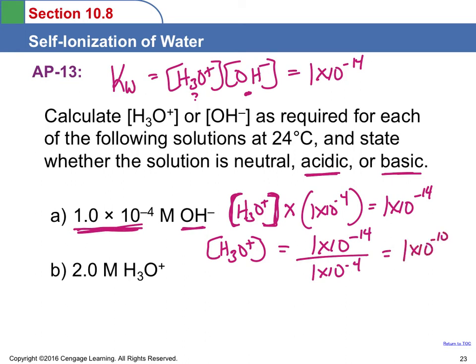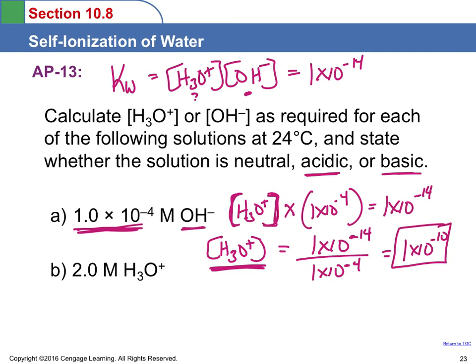If you know power of 10 math, great. If you don't, use your calculator, but make sure you're using your calculator correctly. Do this one on your calculator and make sure you get the right answer. And if you don't, please talk to me and I'm happy to help you figure out how to use your calculator properly. So 1 times 10 to the negative 10th is the H3O+ concentration.